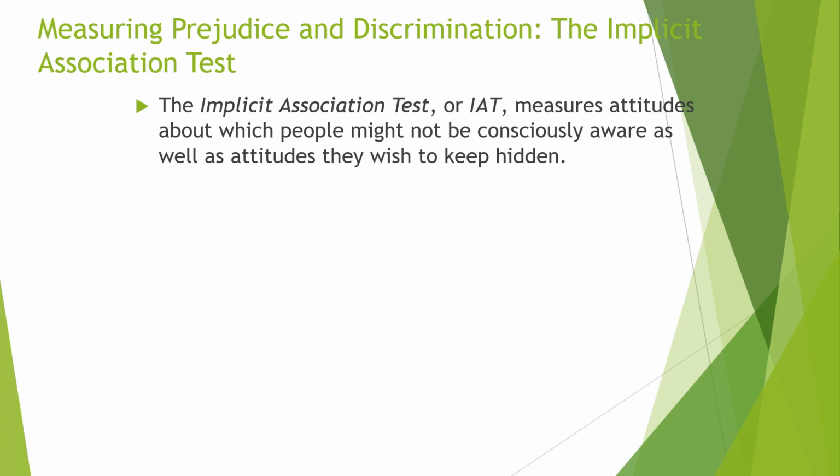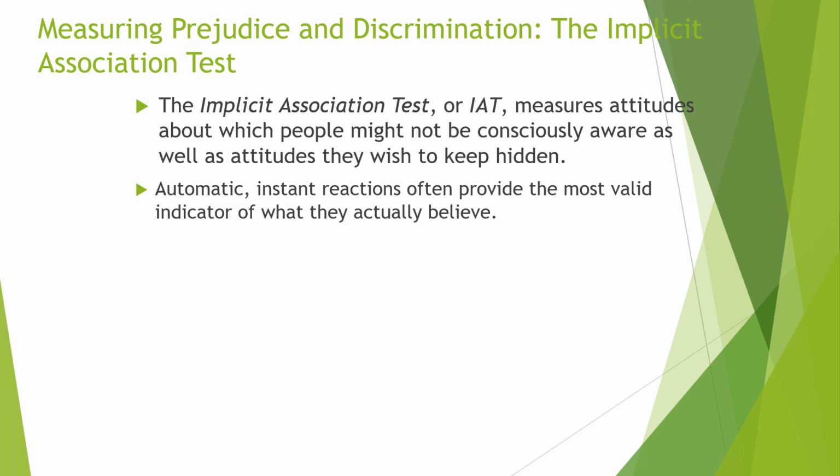So with the IAT, you're either going to find prejudices or discriminations that you aren't even consciously aware of, or that you are aware of but don't want others to know.